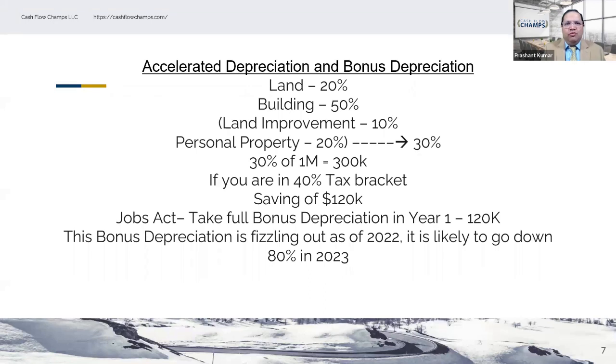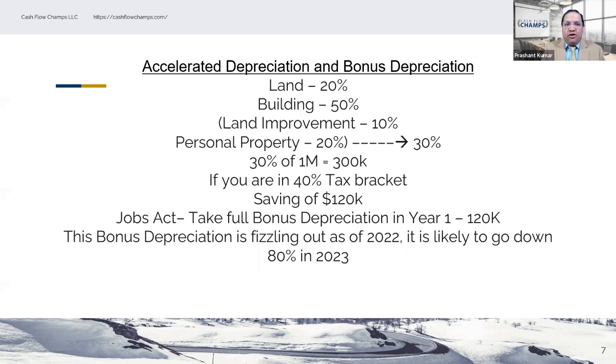So land improvement and personal property, basically sidewalks, anything you have done to improve the land, plus the personal property inside the building, some of that can be combined together, right? So 10% and 20%, about 30%.